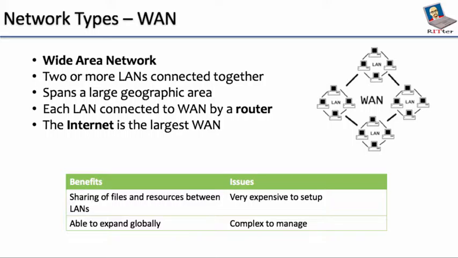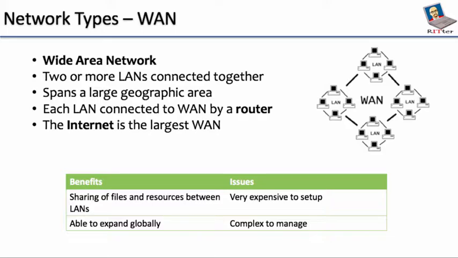But because they're all part of the one organisation, they want to be able to communicate and share with each other, within cities, across cities, and even internationally, with different branches of the same company in different countries. So to connect those LANs together, the concept of a wide area network emerged, and that's demonstrated in the little diagram on the right, where we've got 4 different LANs all connecting together.